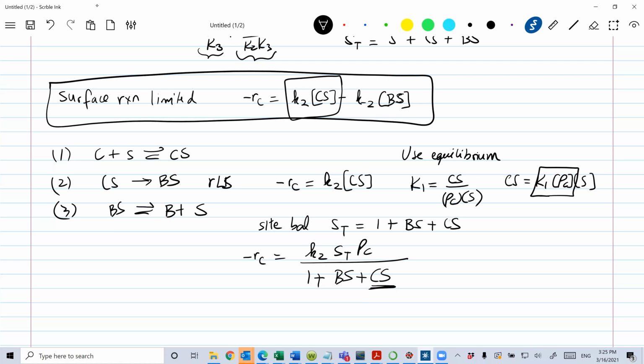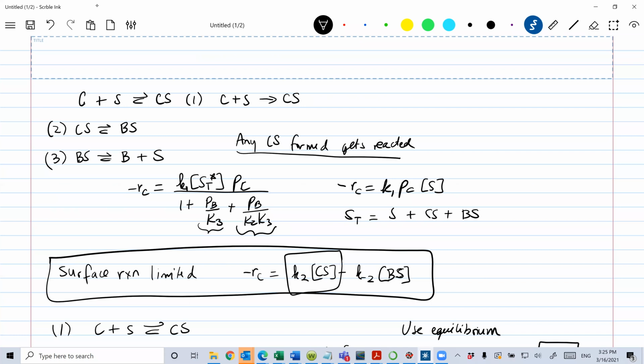Can you scroll back up to where you derived the rate law for the quiz? I'm still kind of confused on how you got it. Yeah, so let's solve for CS from reaction 2. So K2 is this, right?